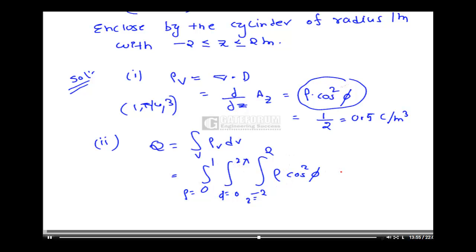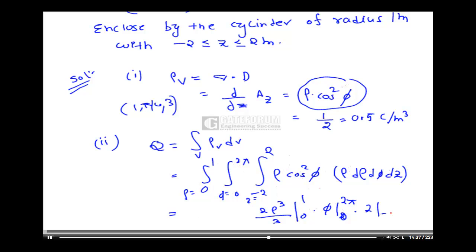What is the differential volume of the cylindrical coordinate system? It is rho d rho d phi dz. So the differential volume element is useful here. If you simplify, this is nothing but rho square d rho, and integration of rho square d rho gives rho cube by 3, with limits 0 to 1 for rho, 0 to 2 pi for phi, and minus 2 to 2 for z.